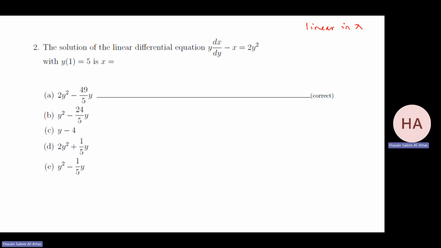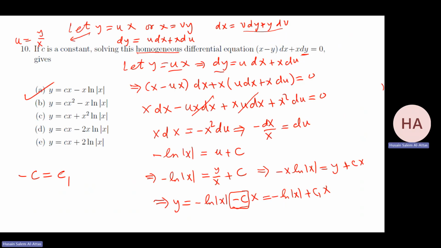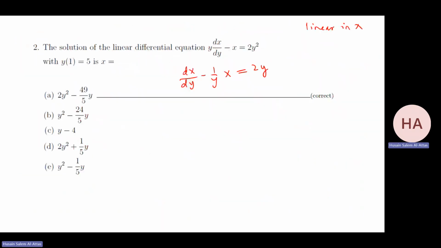Actually, it's more arranged than the previous one. I have dx over dy minus 1 over y x equals 2y. Now it is very clear, linear in x, like this one. So what I will do will be my g of y.